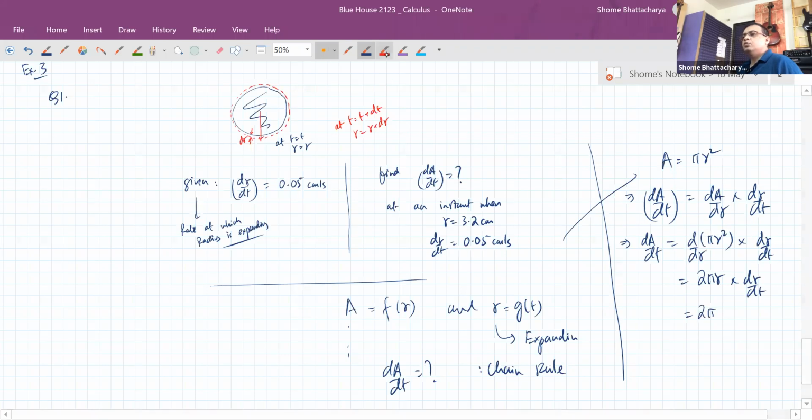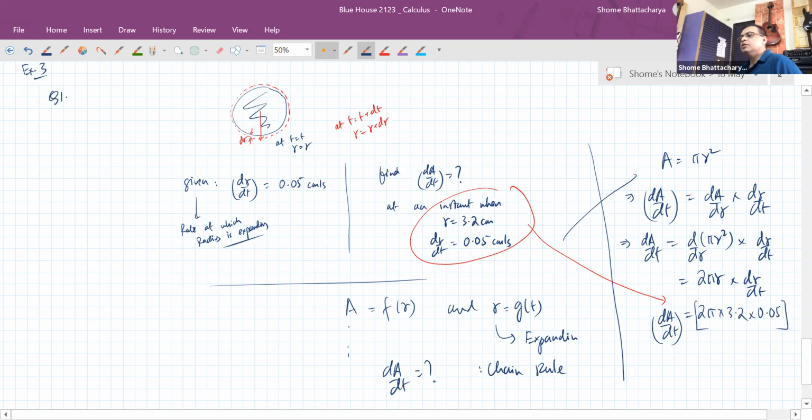Now at this particular moment we want to find out, so we'll substitute the data here. At the moment when the radius is exactly 3.2 centimeters and the rate of increase of radius is exactly 0.05 centimeters per second, this will become 2 pi into 3.2 into 0.05.